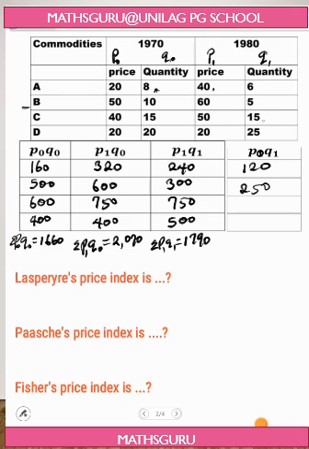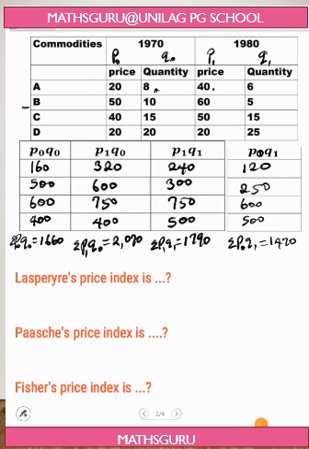Then we have 15 multiplied by 40, and that is going to give us 600. And then 25 multiplied by 20 will give us 500. Now we're going to sum this again, summation P sub 0 Q sub 1, and this is going to be equal to 1470.